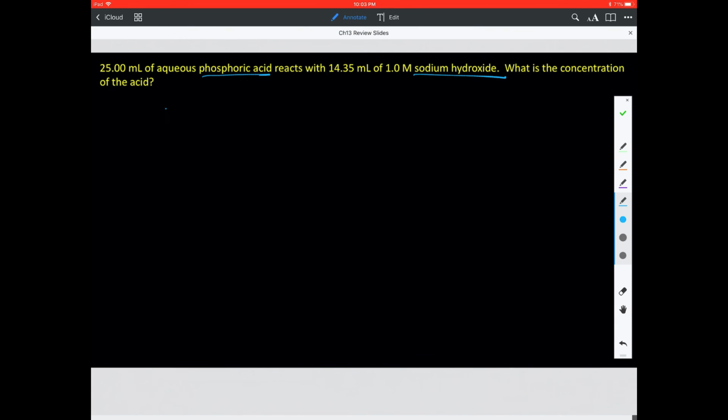And let's do that first. So we have H3PO4 aqueous plus NaOH aqueous, and that's going to give us our sodium phosphate aqueous and some water. Okay, then we do need to balance.